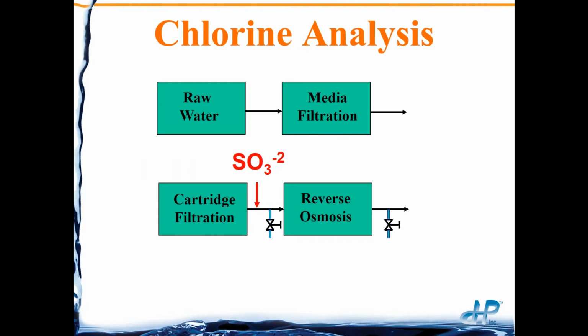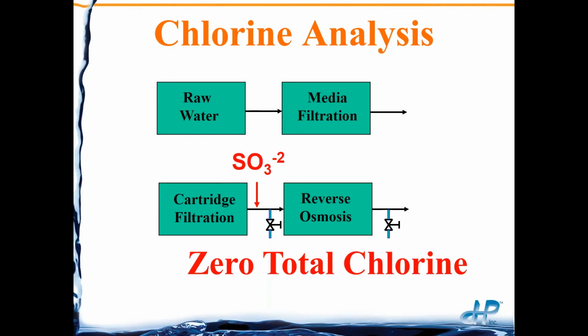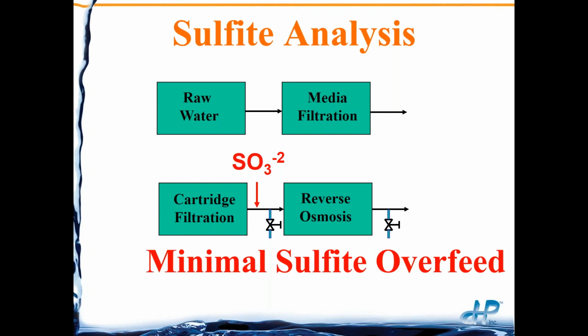So again, as far as using ORP as a troubleshooting tool, we want to make sure that the sulfite that's injected gives us a 0 total chlorine, but we also want a minimal sulfite overfeed.